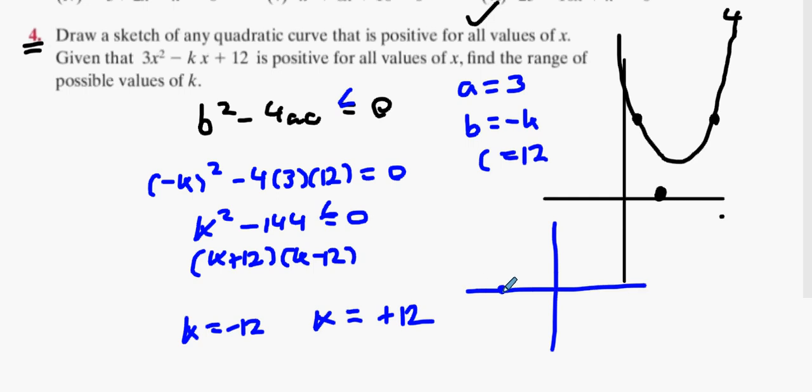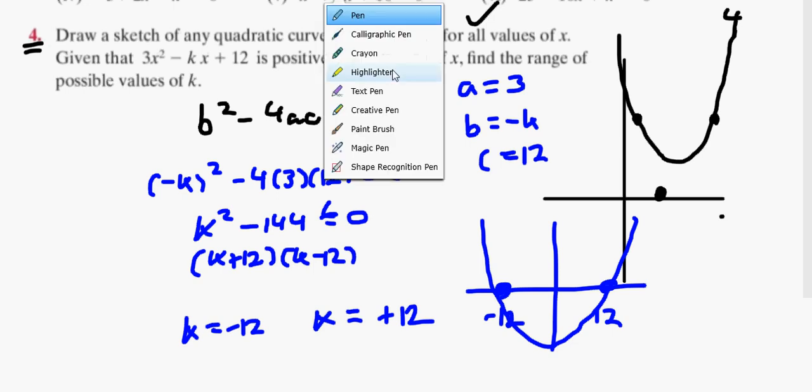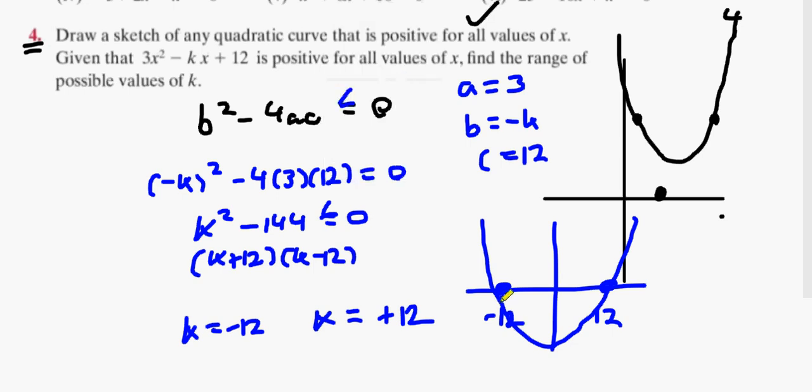You draw a separate graph for that. You're not expected to understand this, so I won't ask you this until we've done the chapter. It's in between because it's meant to be smaller than 0. So it's any k value in between minus 12 and plus 12. Don't mind that, you won't be asked it.